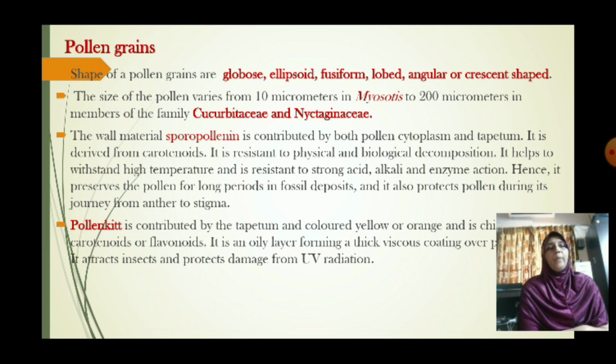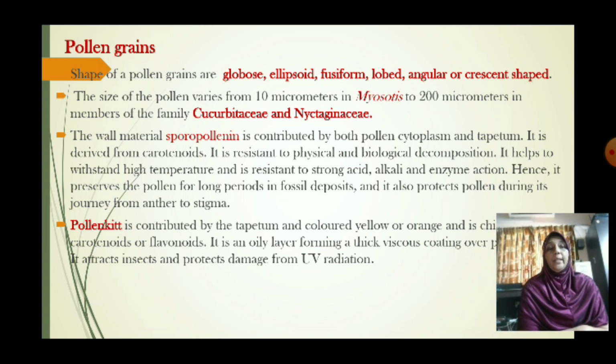It is derived from carotenoids. It is resistant to physical and biological decomposition. It helps to withstand high temperature and it is resistant to strong acid, alkali and enzyme action. Hence, it preserves the pollen for long periods in fossil deposits and it also protects pollen during its journey from anther to stigma.